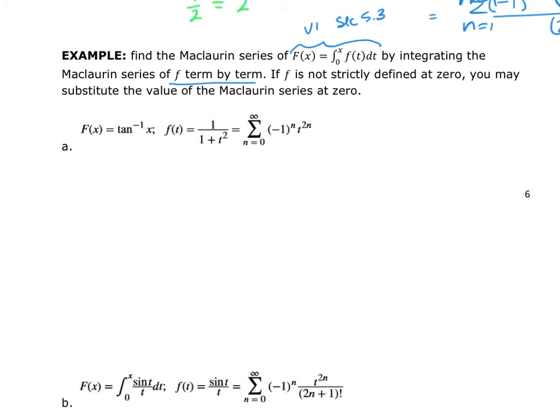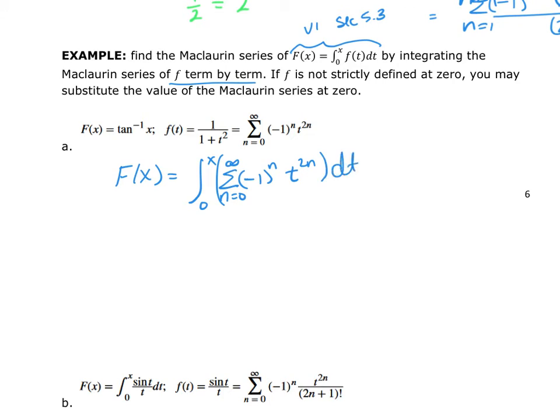The first thing I'm going to do is, using the definition of big F of x, the antiderivative, the integration from 0 to x of the summation of n equals 0 to infinity of negative 1 raised to the n, t raised to the 2n, dt.